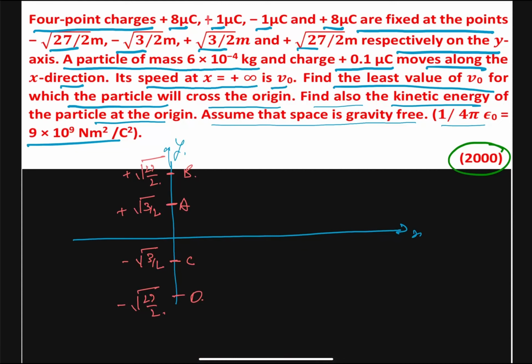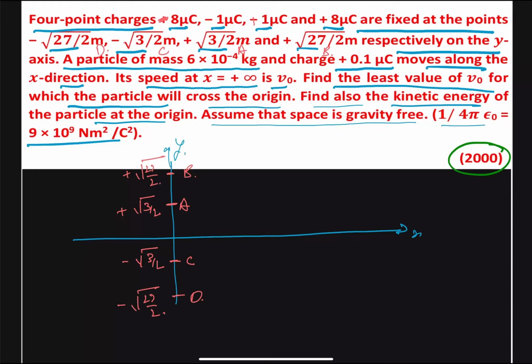This is our A and this is our B, this is our C and this is our D. Let me correct the signs. So A will be positive and this will be negative.